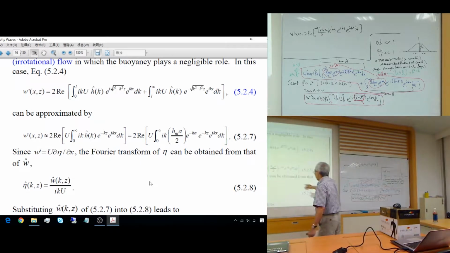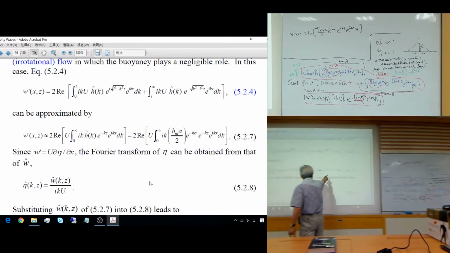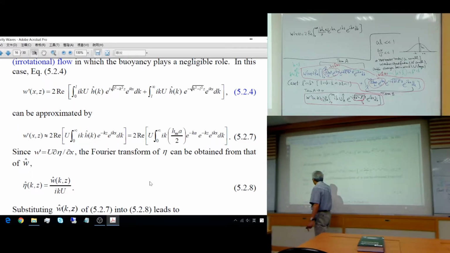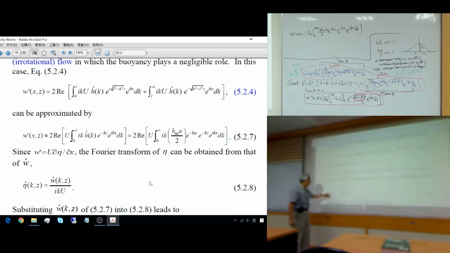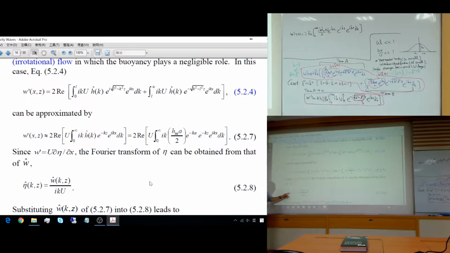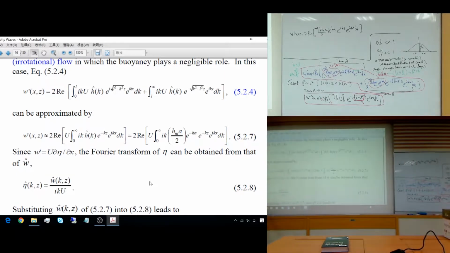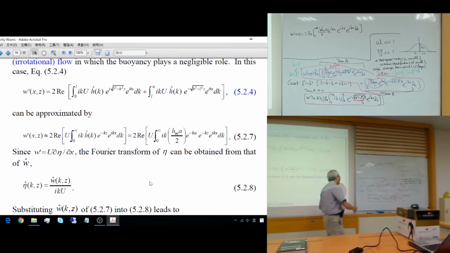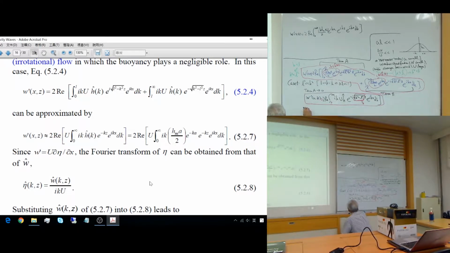So then it becomes simpler, and we derived this earlier: eta hat will be equal to W hat divided by ikU. So eta hat of xg equals W hat of kg divided by ikU.